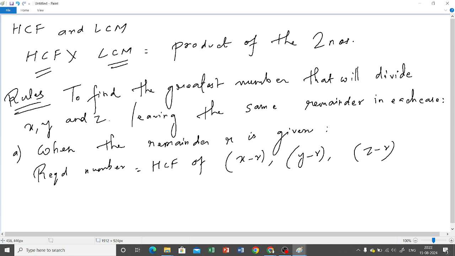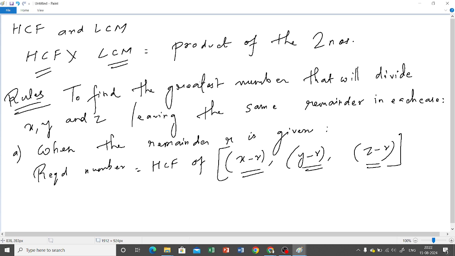So when we subtract r from x, y, and z and find the HCF of these numbers, I will get that number which will divide x minus r, y minus r, z minus r exactly, giving remainder 0. Remainder is a waste product, a thing to subtract.